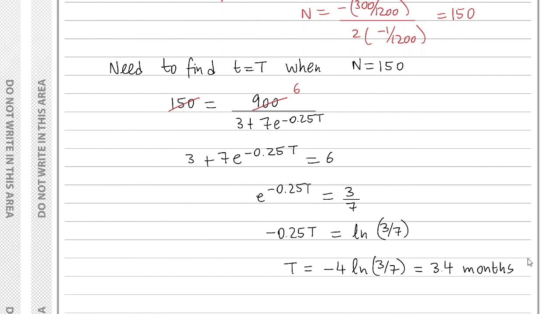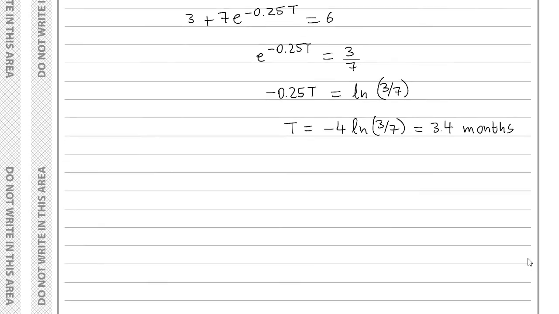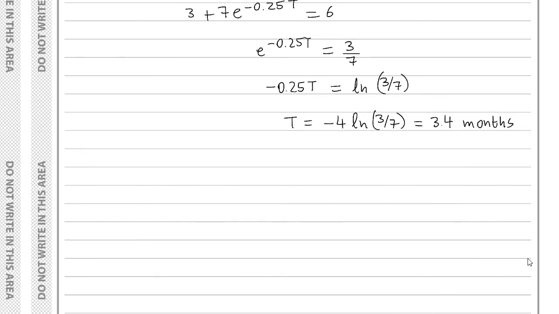Now in D, according to the model, the maximum number of mice on the island is P. State the value of P. Well, that's just calling for a consideration of the behavior of n as t goes to infinity. So as t goes to infinity, e^(-0.25t) goes to 0.